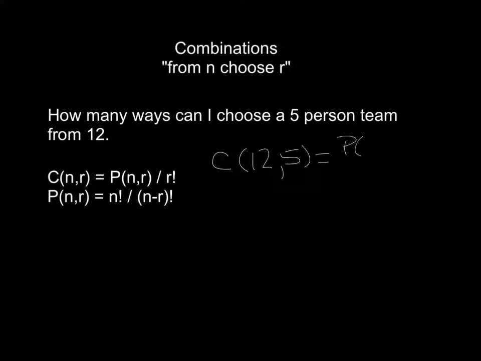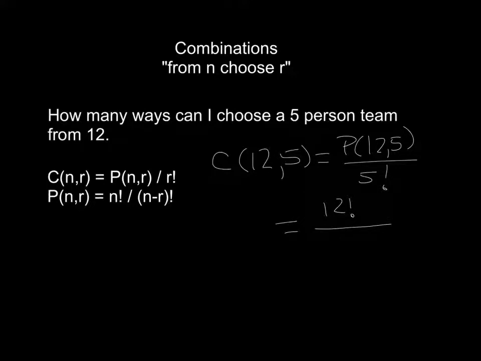That's going to equal P of n, r divided by r factorial, where P of n, r, and I reminded you of the formula here, is equal to n factorial, so that's going to be 12 factorial divided by n minus r factorial, and then of course I still need my, I'm going to take this 5 and move it down here.